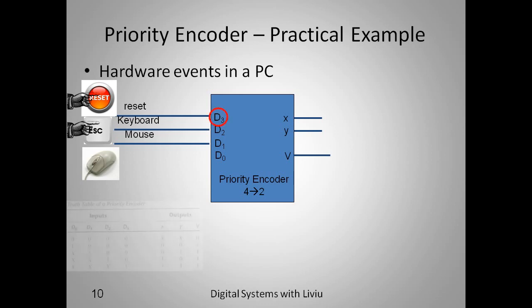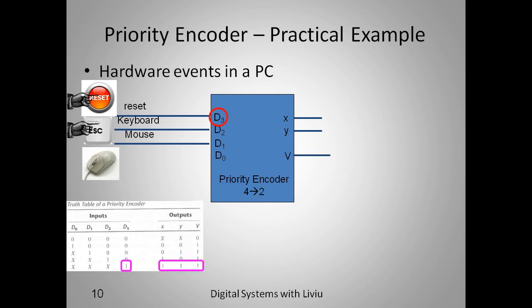If we look at the truth table below, then if D3 is asserted and D2 are asserted, then it would be the last line. The D3 is asserted, then we don't care about the lower priorities. Therefore the outputs would be 1 1 for the encoding, and the V line is also asserted.